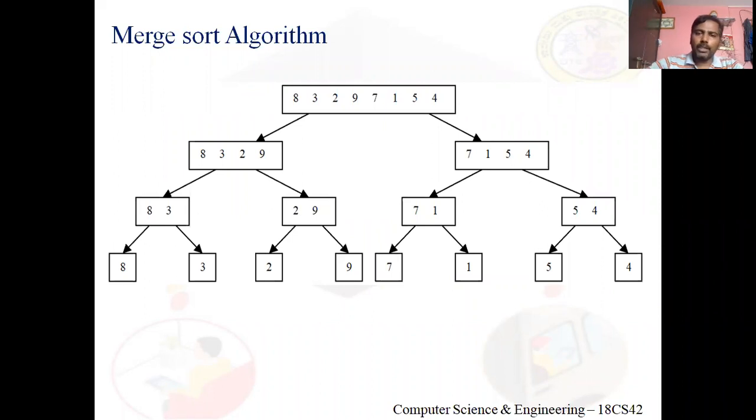Again, I repeat, initially at the first level node, low is 0, I is 7. Now this got divided into two. In the first one, the left node of the root node, low is 0, I is 3, that is the index of element 9.